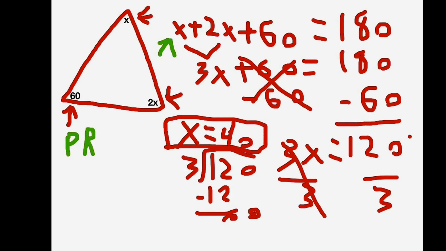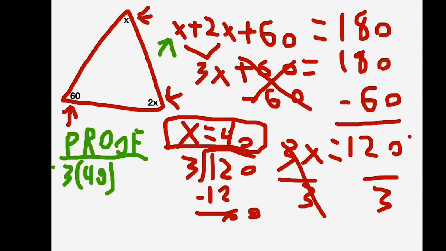So let's do proof. And because we combined like terms up there, then we can do the same down here. So let's do 3 times 40, which is 120, plus 60 is actually equal to 180. And 180 is equal to 180. So our equation checks out.